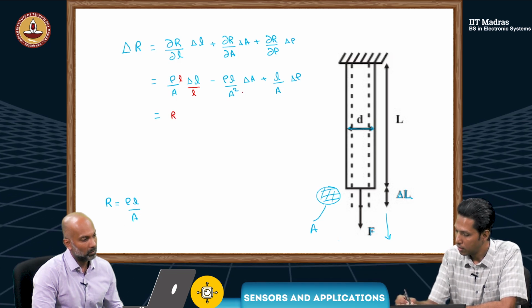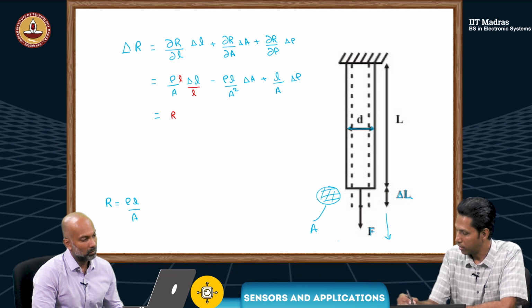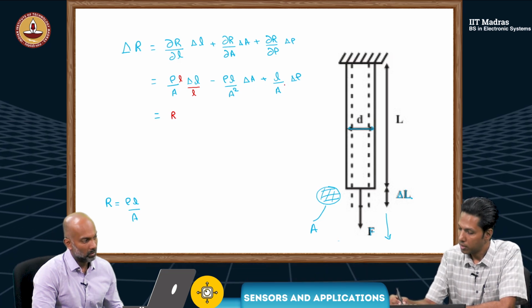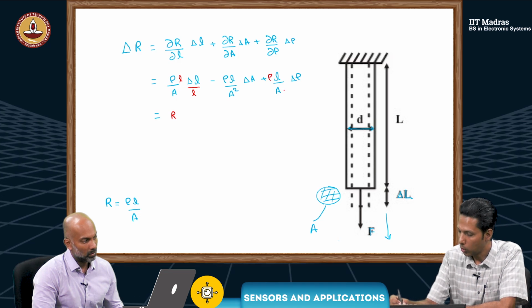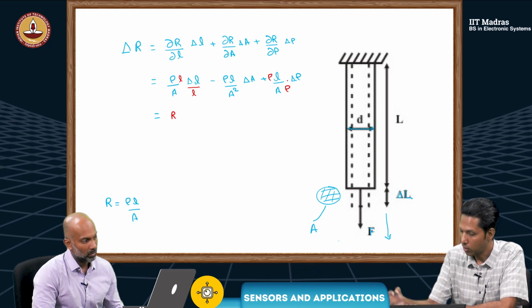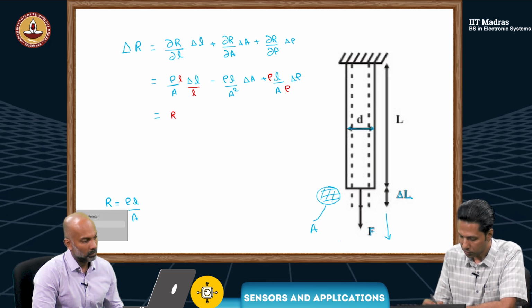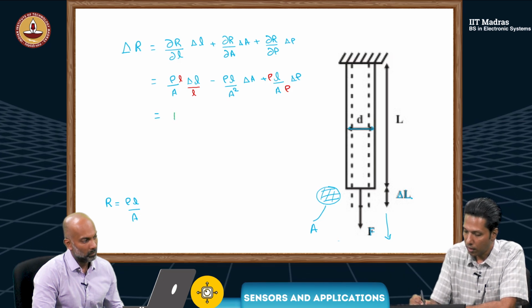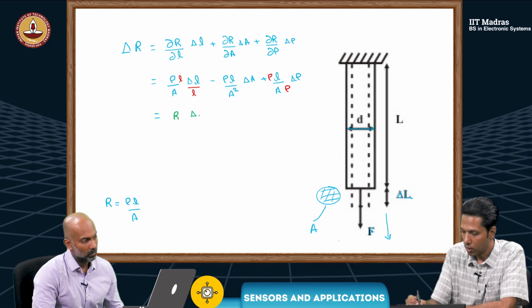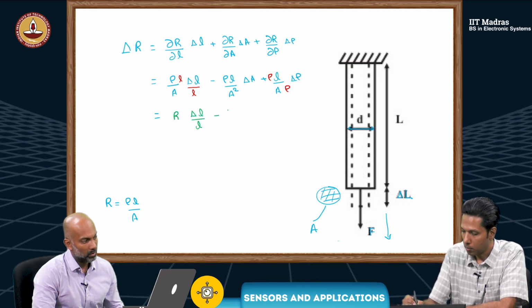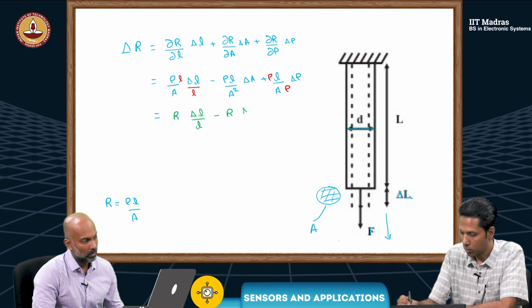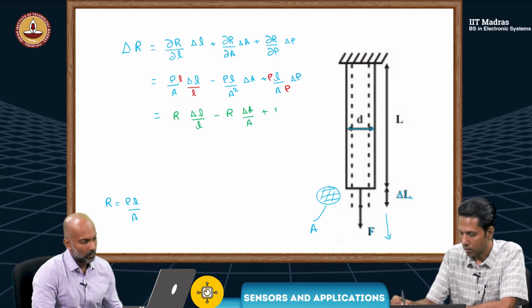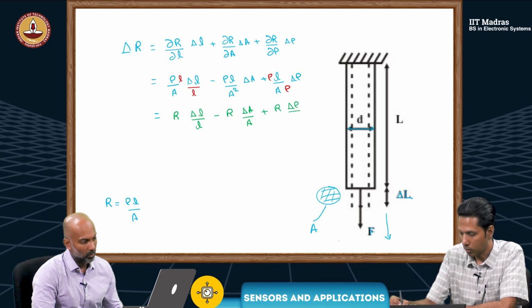Similarly here, I don't have to do anything. Rho L by A is already there. I can move one A here. Similarly here, I will multiply with rho and divide with rho. So if I do that, I get R into delta L by L, minus one more R into delta A by A, plus R into delta rho by rho.